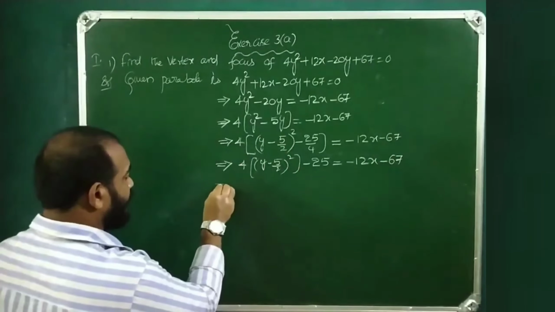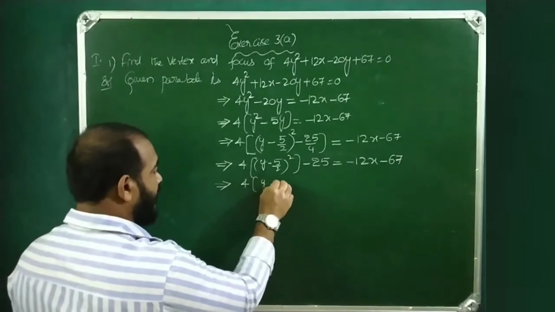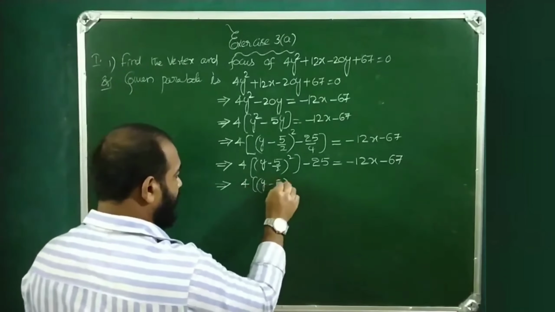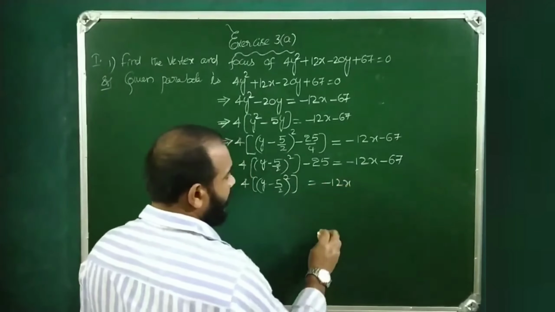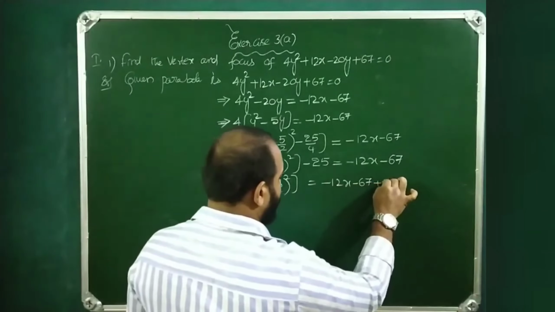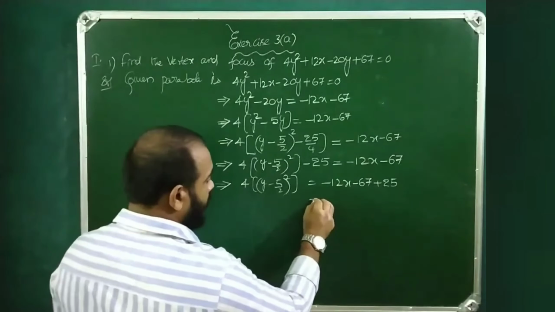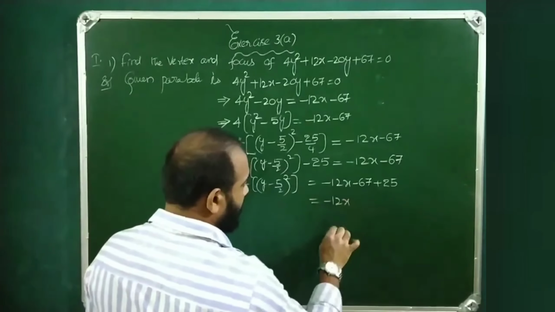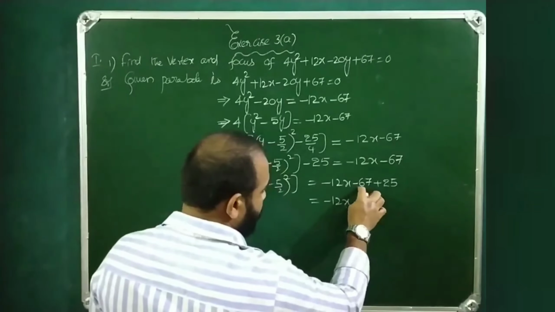This is equal to 4 into y minus 5 by 2 whole square equals minus 12x minus 67 plus 25. This is equal to minus 12x minus 42.